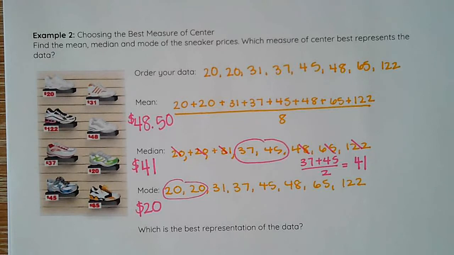So if I were to tell you that the typical price of shoes at this place was $20, that's not very accurate because actually that's the lowest shoe price, and most of the shoes are actually more expensive. So the mode is not the best.